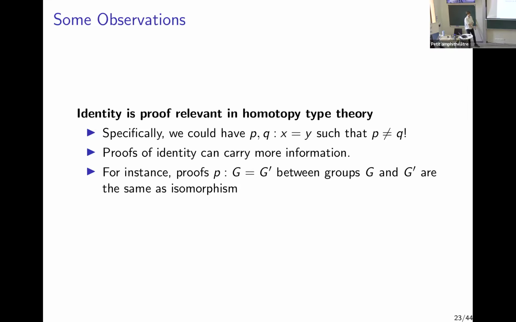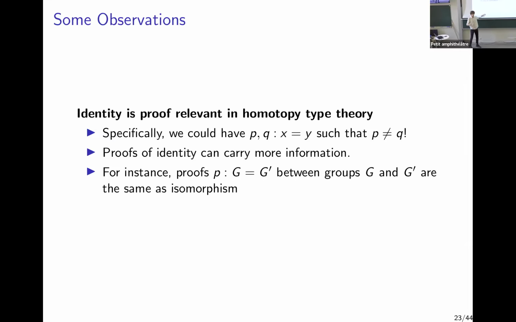You never worry about it again. But if you're working in a setting where these identity proofs don't necessarily have to be the same, then that also gives you some richness. Because by permitting these identity proofs to be different, you can basically enrich this notion of identity that you have.